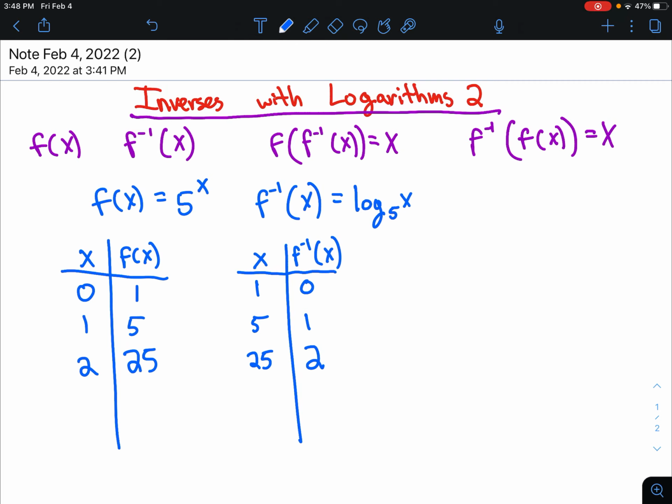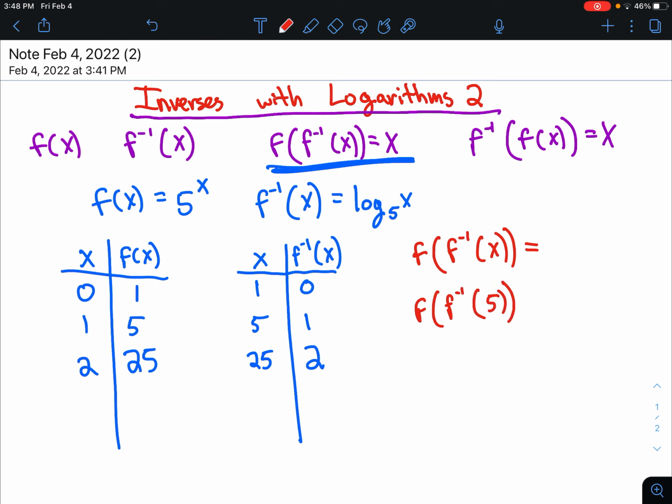And we can see, using our tables, the effect of taking f of f inverse of x, as we stated up here. So let's put this in a different color. If I want to take f of f inverse of x, it should equal x. But let's take a look. Let's try taking f of f inverse of 5.